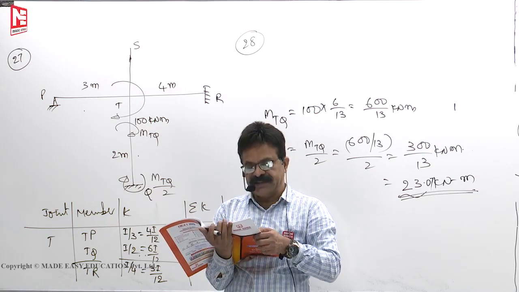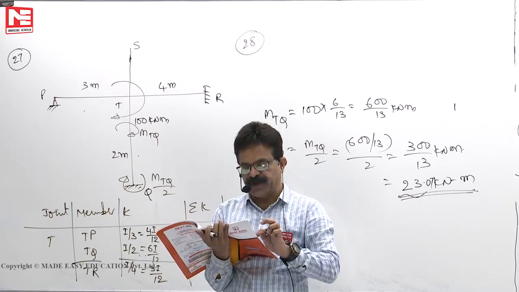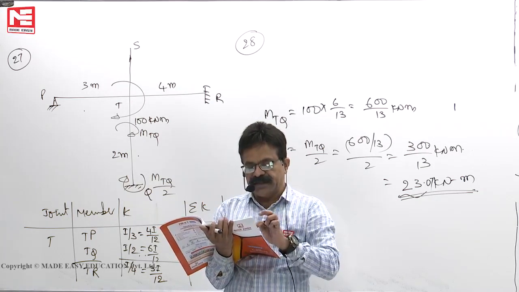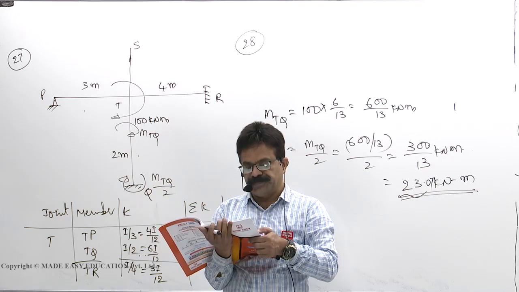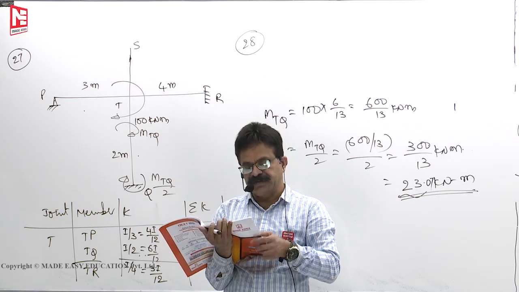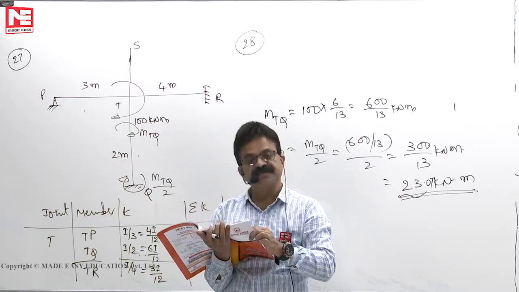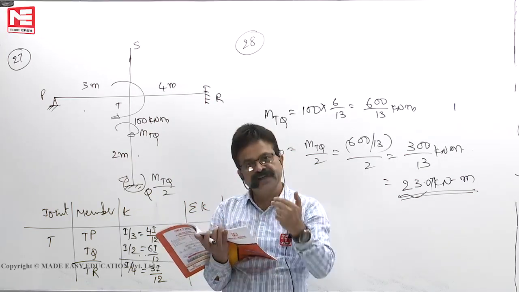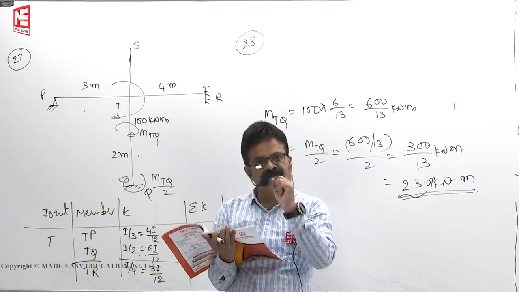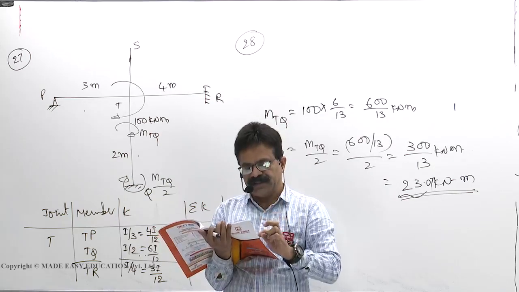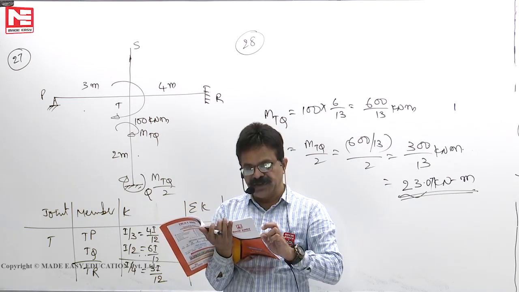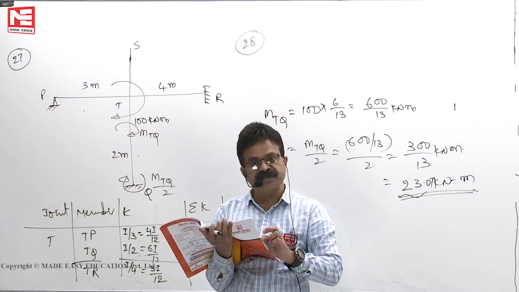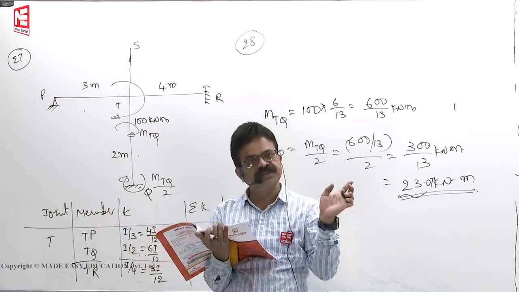Option C: you see here, point C is a fixed end, and I told you if the far end is fixed, due to the carry-over concept, one moment will develop. But in option C they have shown 0 bending moment at the fixed support, which is impossible. So C is ruled out.